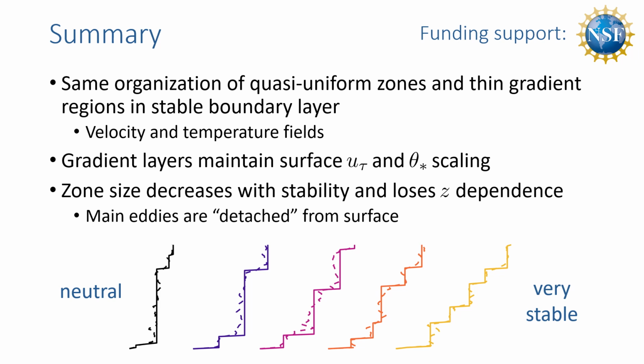However, the sizes of these uniform zones decreases with increasing stability, and they quickly lose their dependence on distance from the surface, z, such that the main eddies associated with the mean flow profiles become detached from the surface, which you can see in the illustration here at the bottom.